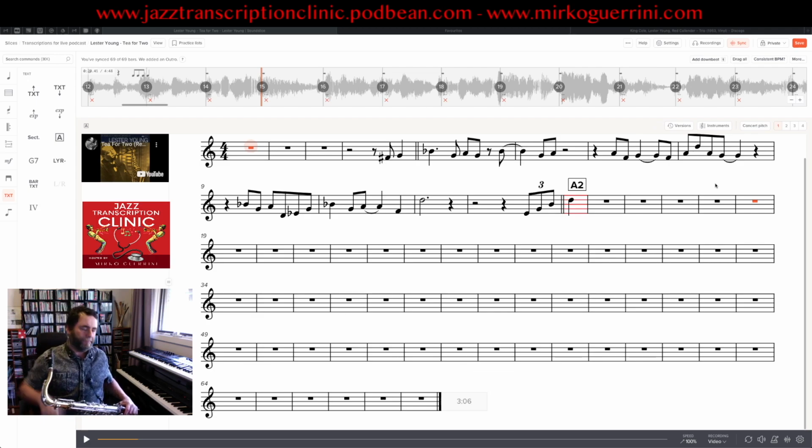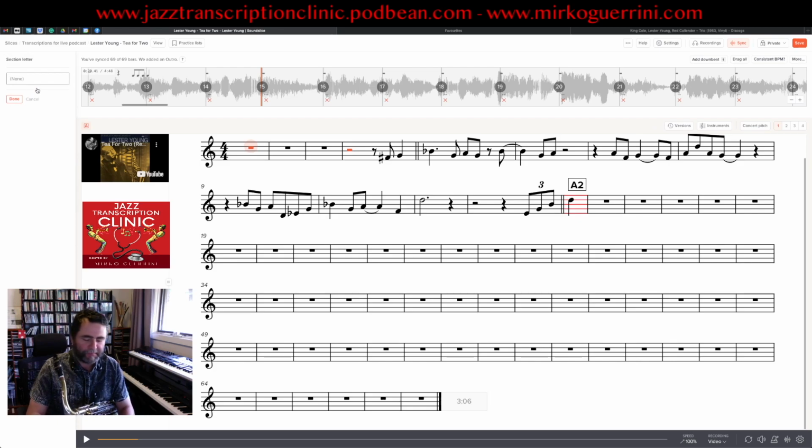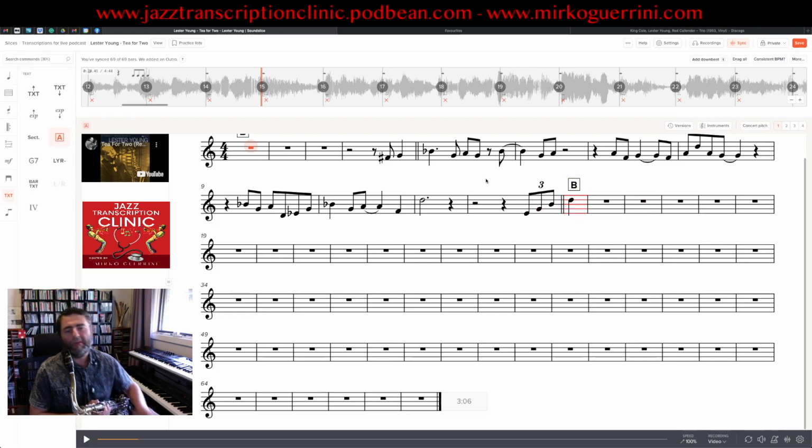And then there is the ending, the last 8 bars, which we can call C if you like. So maybe we can call the second section B, even though it's the same idea. Anyway, it's not that important, but it's good to have an awareness of what the form is.